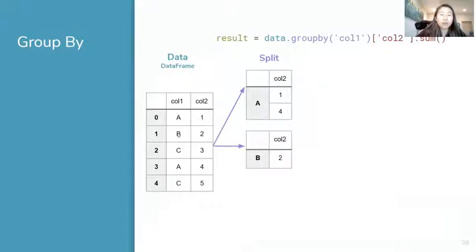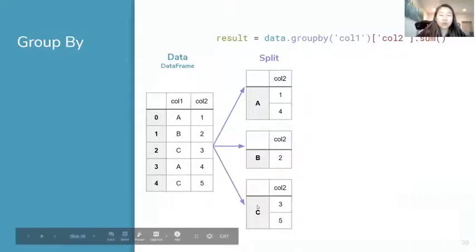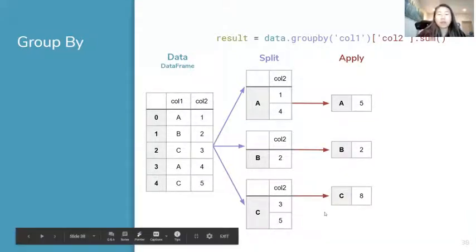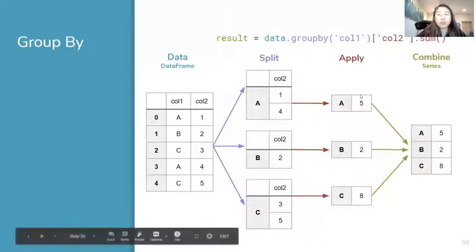We're going to group B's together, so that's just this following row. And the second one, that is 3 and 5. Third, we're going to do apply. So what we do is sum up all the following things together, which is 5. Sum this is 2, 3 and 5 is 8. So you combine them together, which will be 5, 2, and 8.